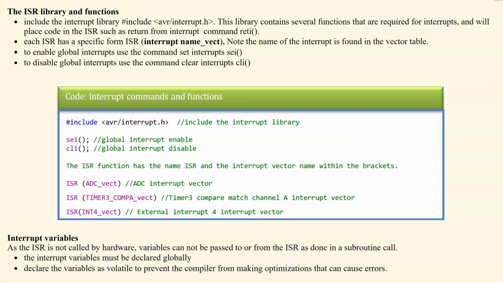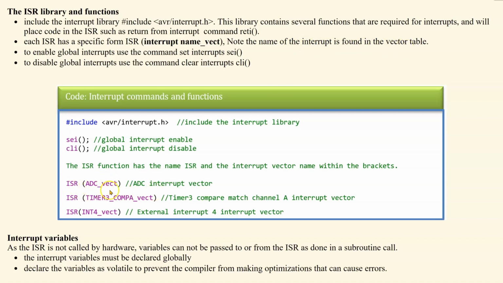When using interrupts in your code, you need to include the AVR interrupt library. This library has certain functions such as enable global interrupts or disable global interrupts and other features as well. It also allows you to specify the interrupt vector for your interrupt service routine. It does this by this command, ISR interrupt name vector, and we can get the name of the interrupt from the vector table. So there's some examples shown here.